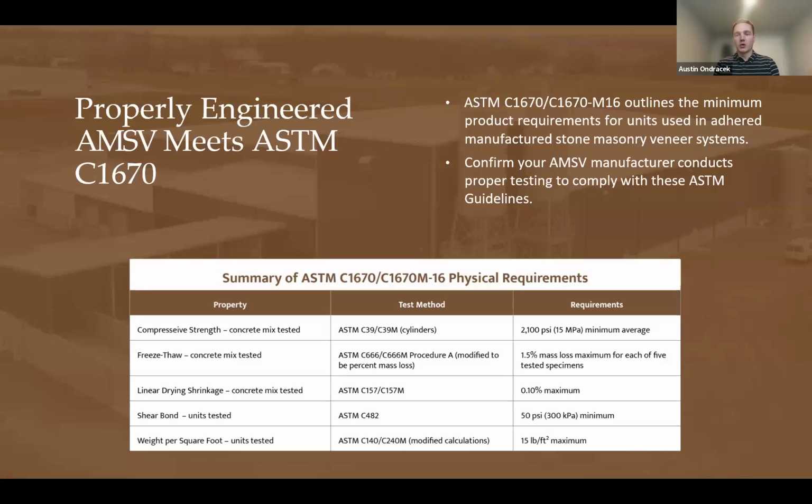And so one thing to note when talking about manufactured stone is it meets ASTM requirements for any type of testing. These are just the minimum requirements for manufactured stone, whether it's compressive strength, shrinkage, weight per square foot, flexural strength or modulus of rupture, freeze-thaw.